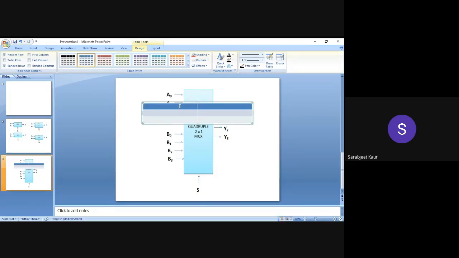Let's say this is the value of S. I'm putting here S, and this is my output Y. So when this is 0, what should be the output?